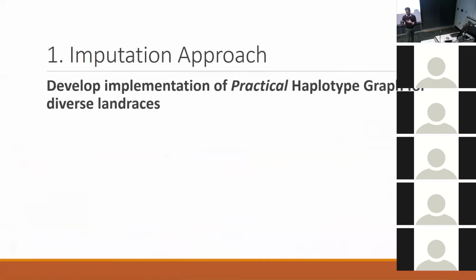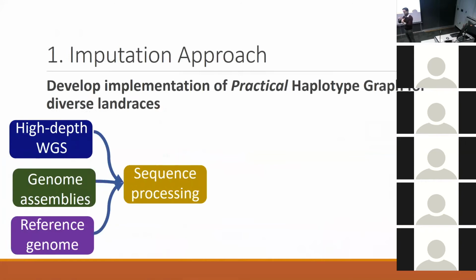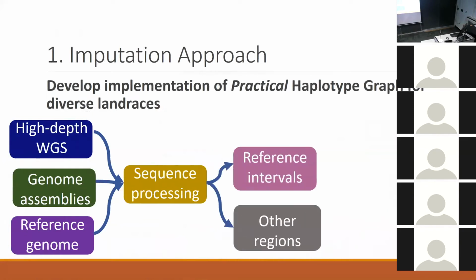The first step is, what happens if we just make a better imputation so we have better initial data? For that purpose, the Butler lab that we are working in is trying to develop this practical haplotype graph, which basically uses data from sequence assemblies, sequenced genomes from a diverse set of maize lines, or just simple high-depth sequencing, where they process the different assemblies, identifying k-mers over what we're calling reference intervals, which are in general just genic regions, because those are the ones that are simpler to impute.